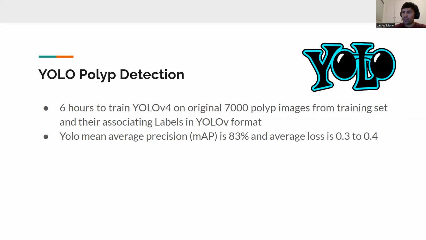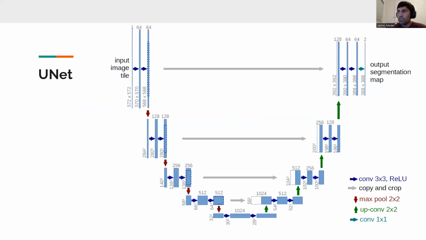And also remember, YOLO expects its particular labels in a required format. So that was done. And then some of the results that I saw during training was the mean average precision achieving 83% with a loss of 0.3 and 0.4.